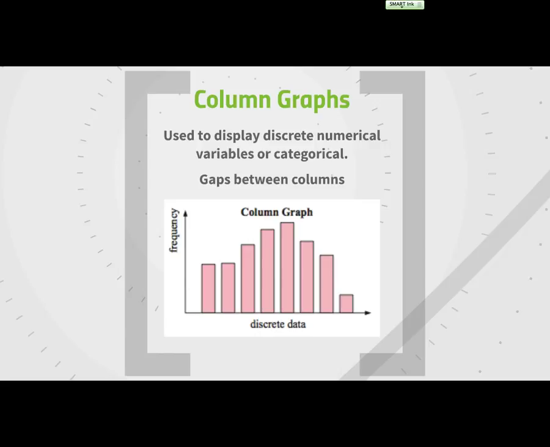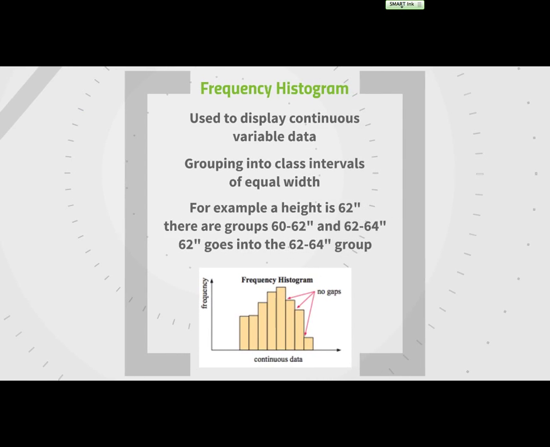So the other type of display looks very similar. Like I said, I used to think they were the same thing, but it's a little bit different and it uses continuous data. They're called frequency histograms.